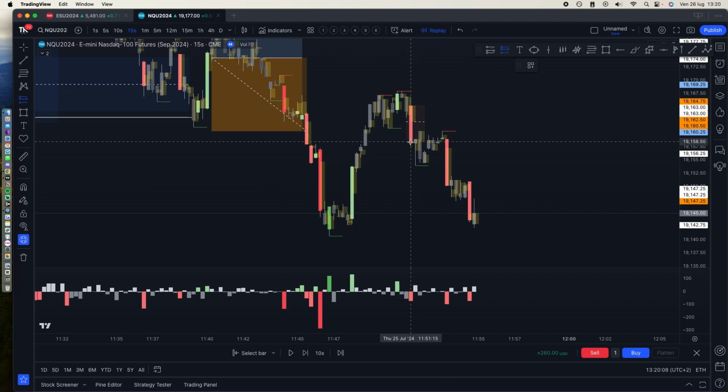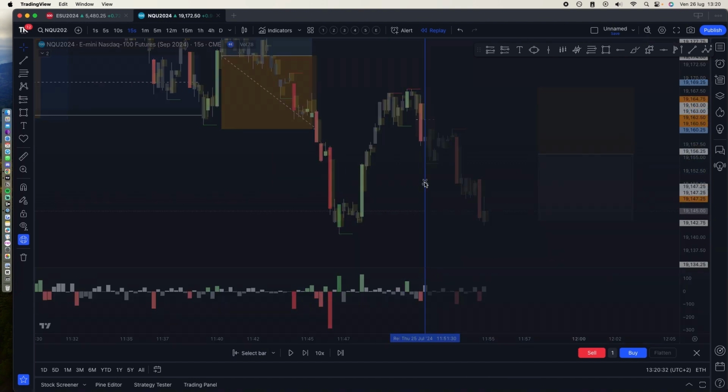Fair value gap. Just wait for the fair value gap to be created and just trigger the fair value gap. Sorry, my mouse needs to be charged. Okay.